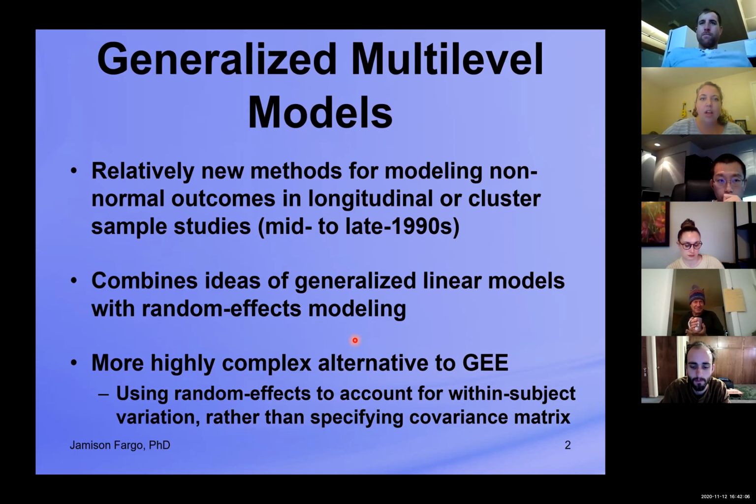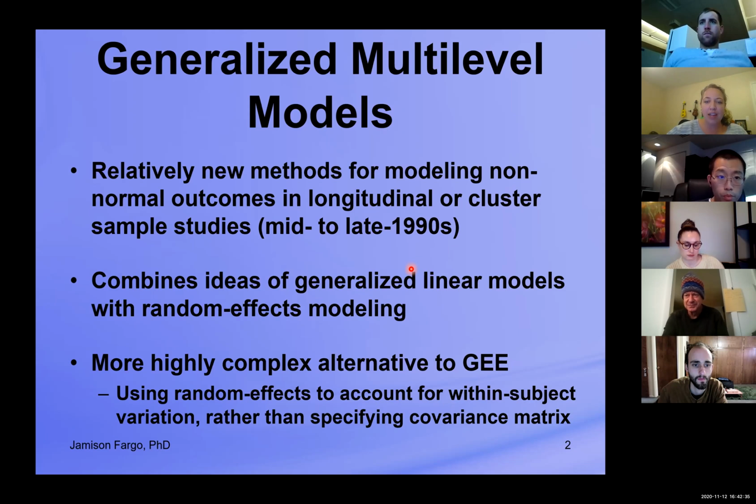So the GLMMs, like Jameson put, they're relatively new, but new is like in the 90s. So at this point, they've been around for 30 years. Back in 2000, when these slides were probably being produced, they were brand new, as far as being used. Statistical mathematician theorists developed these first, and then they start being applied in different areas.